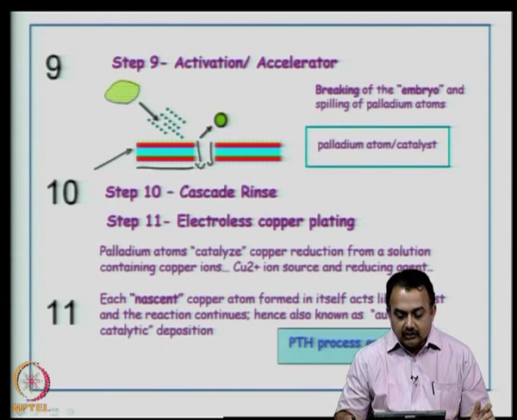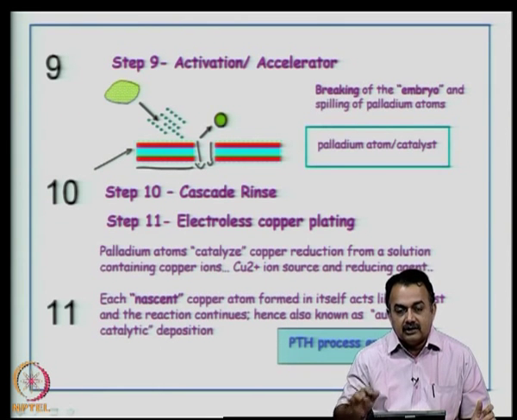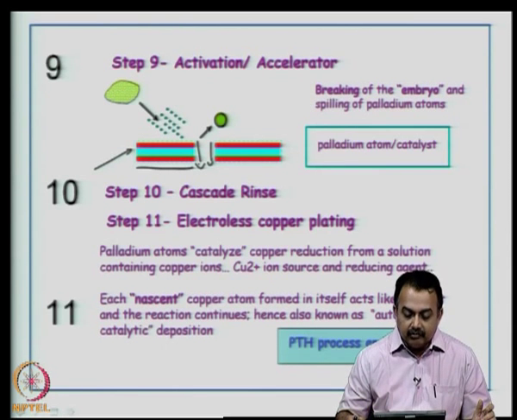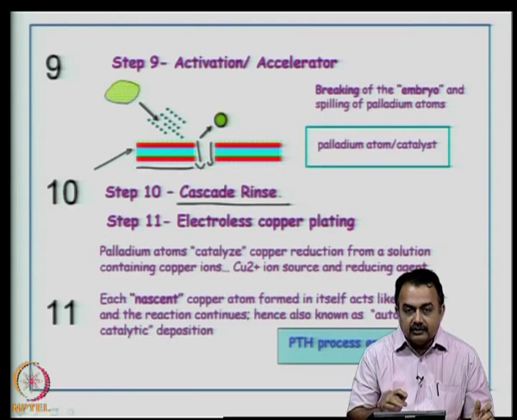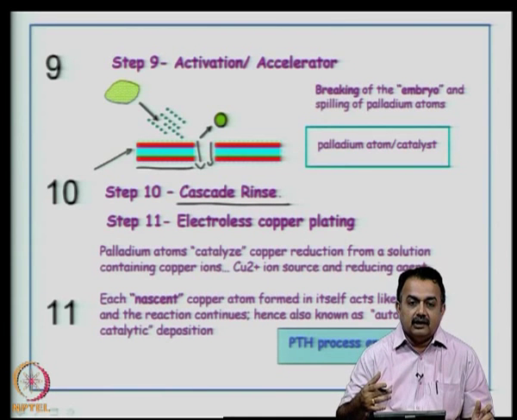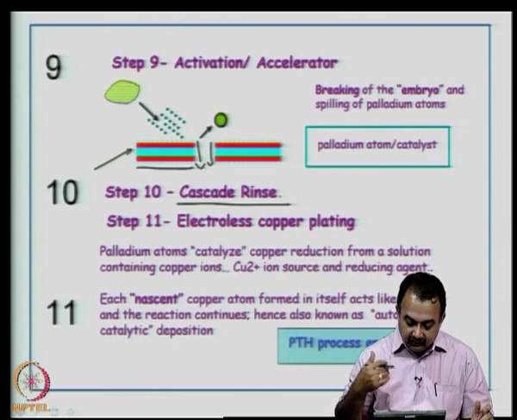Okay. So, this is atomic thickness. The palladium atom catalyst is now very well distributed and adsorbed. Now, you do a cascade rinse, do not use a forced spray rinse, it has to be a cascaded rinse.